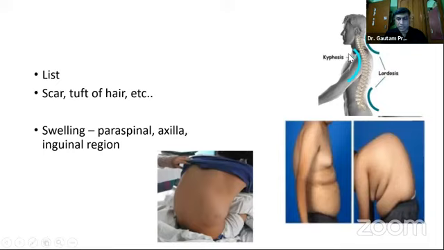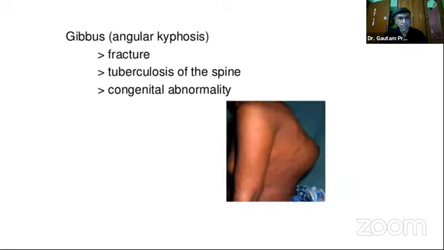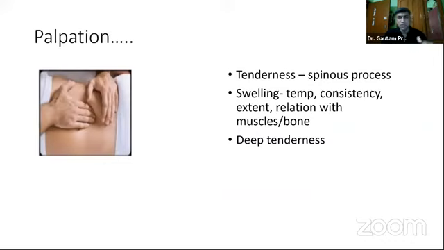Is there any swelling in the paraspinal region, axilla or inguinal region? How is the curvature of the spine, is it altered or normal? Is there any visible deformity? If there is, does it get corrected while the patient is standing or lying prone? All this has to be noted during your inspection.